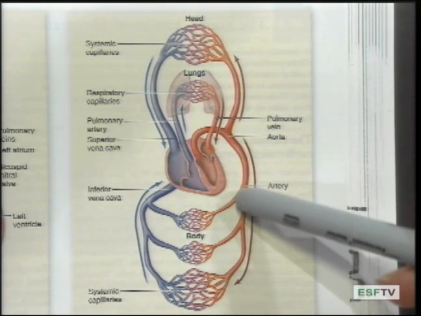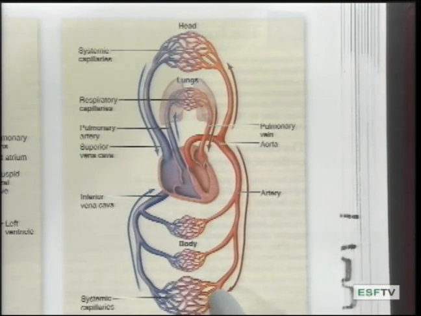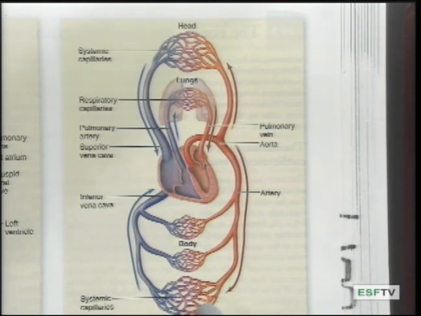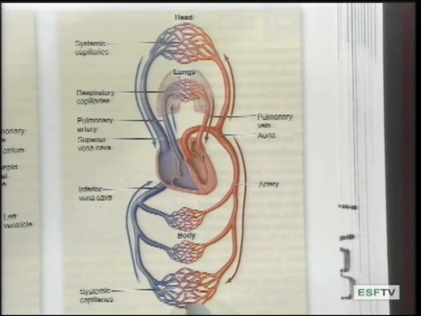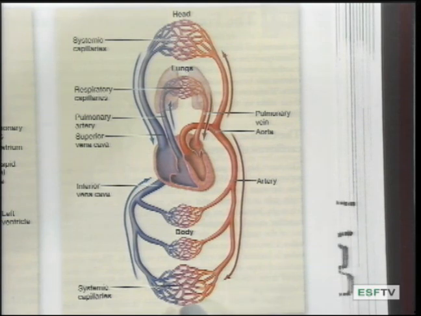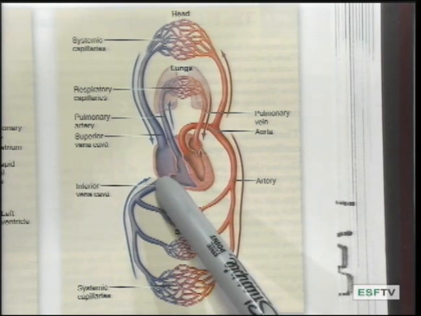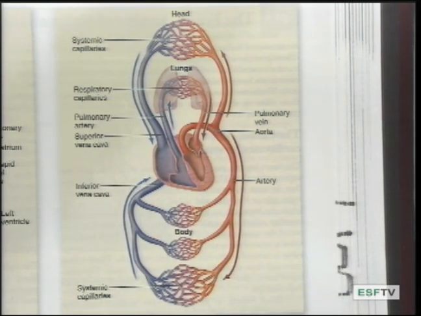When these arteries go down into the systemic circulatory system, they will eventually go into capillary beds. And it's in these capillary beds that you actually get the exchange of oxygen in the uptake of carbon dioxide. And again, these will return via the inferior and the superior vena cavas to the heart.